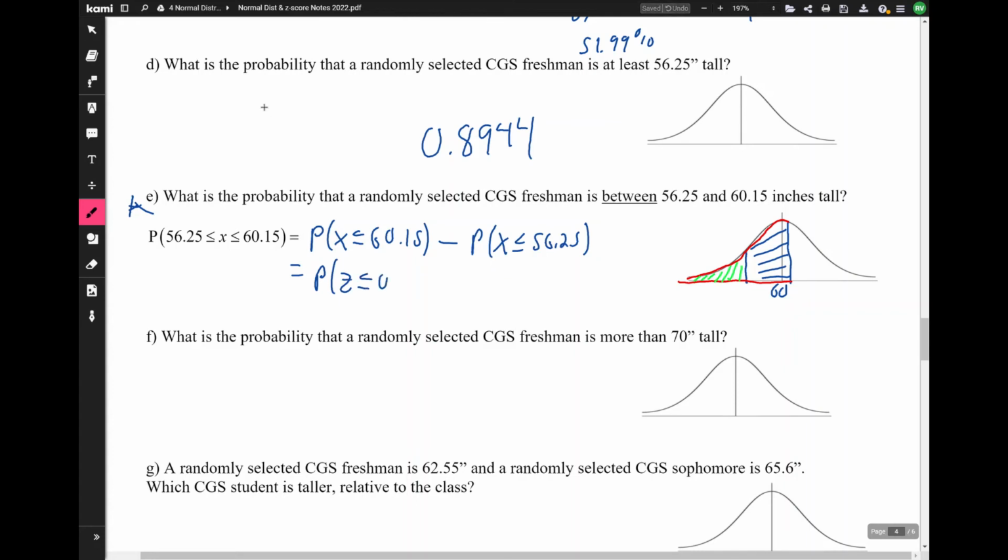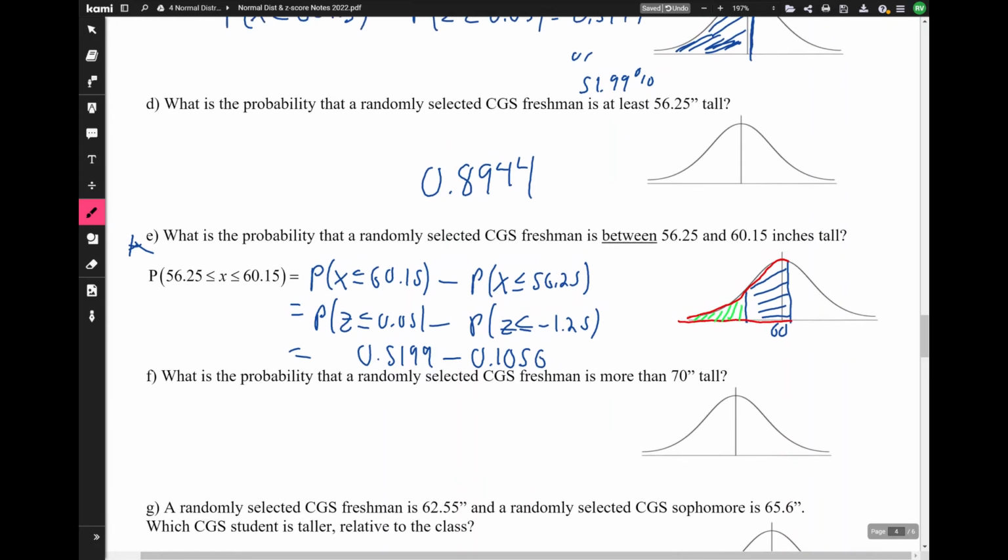Z less than or equal to 0.05 minus z less than or equal to, the z here is negative 1.25, and these probabilities were 0.5199 minus 0.1056.